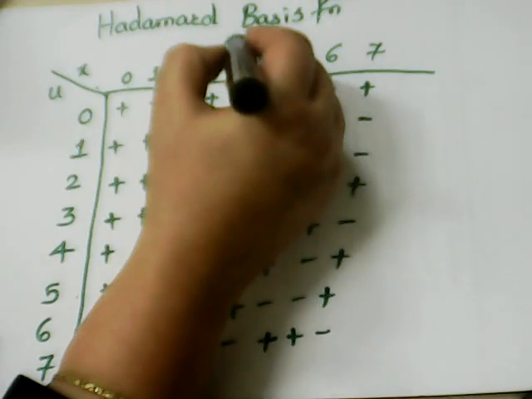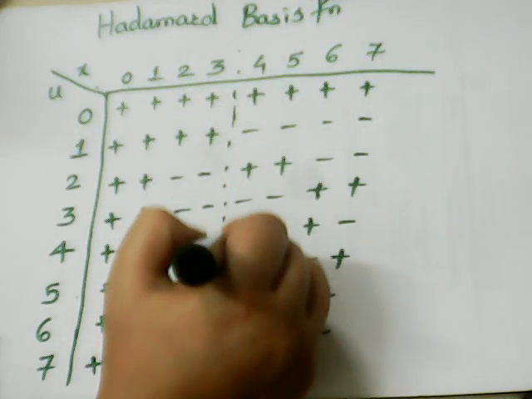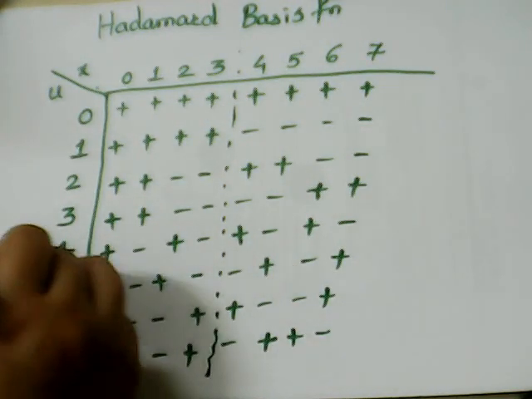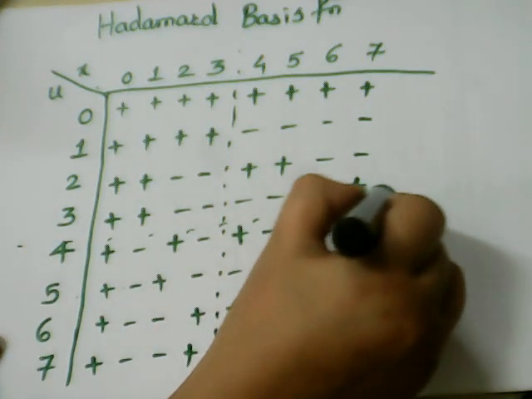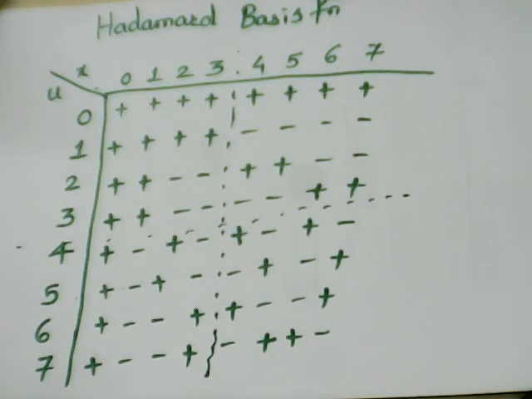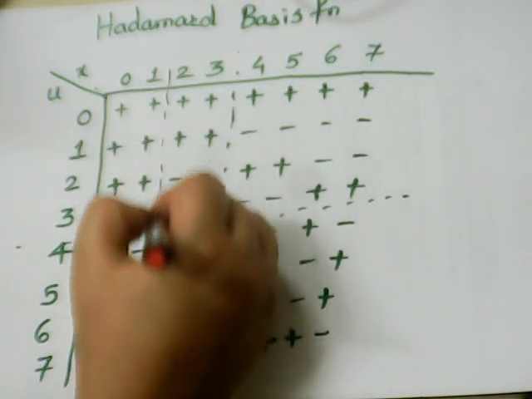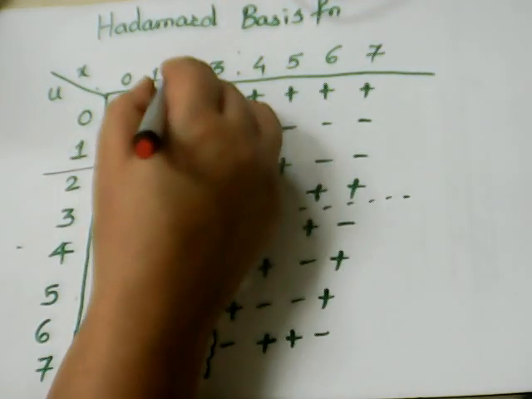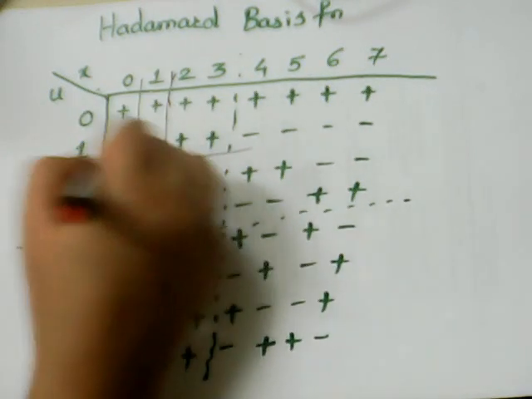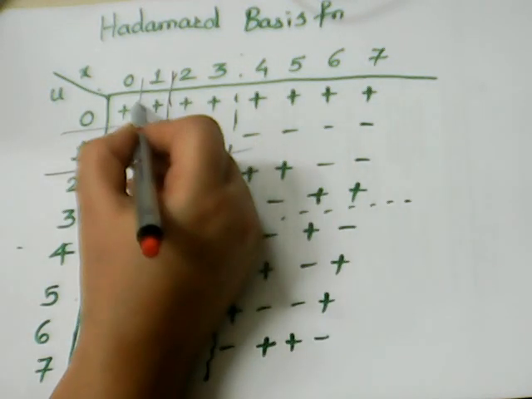See, if you divide this into 4 quadrants, observe what is happening. Again go on dividing each one into 4 quadrants, again divide it here, and you observe.